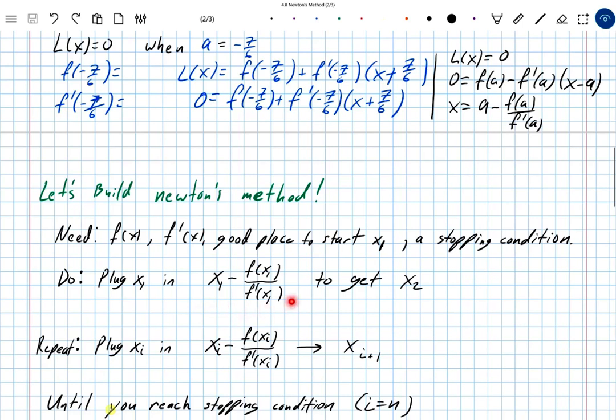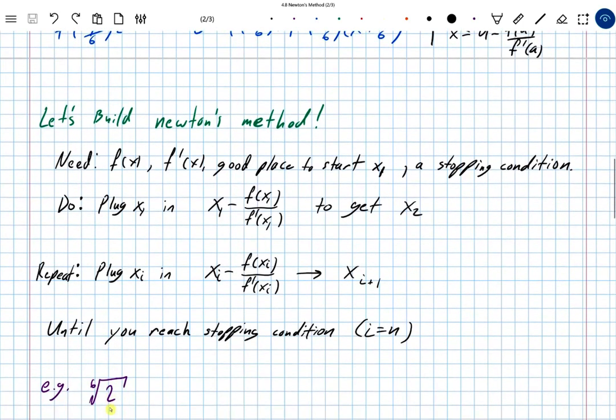Whatever comes out of this, the root of my linearization, that's going to be my x2. That's my next approximation. Then I'm going to repeat. I'm going to take this x2, let's do my xi, plug it back into this formula, and get an x3. I take that, plug it into this formula to get an x4. And so on until you stop.